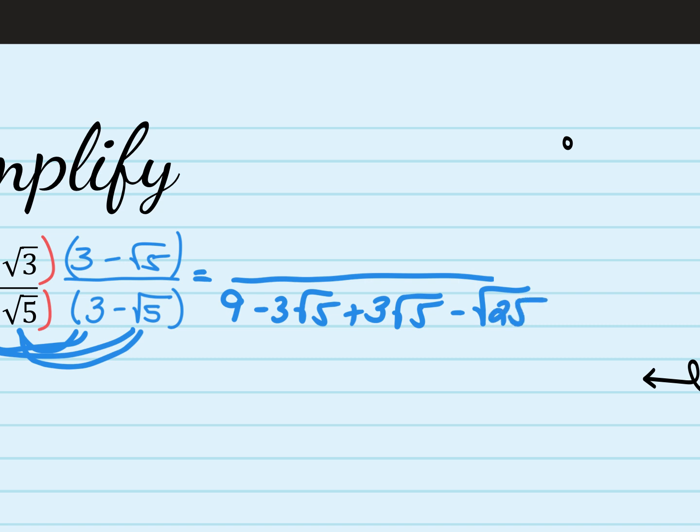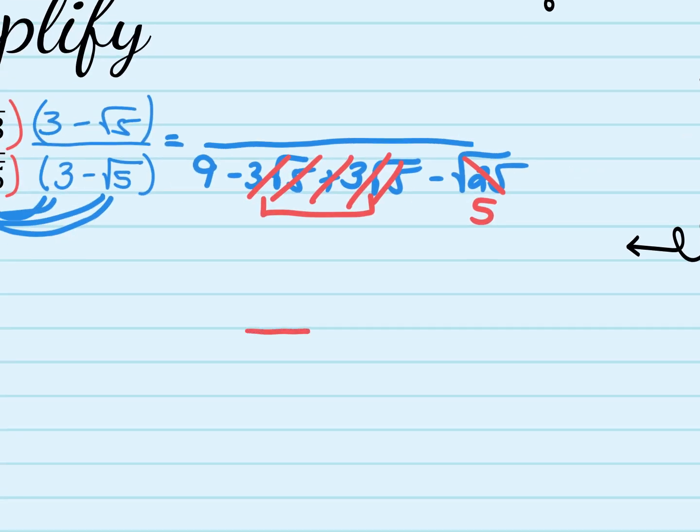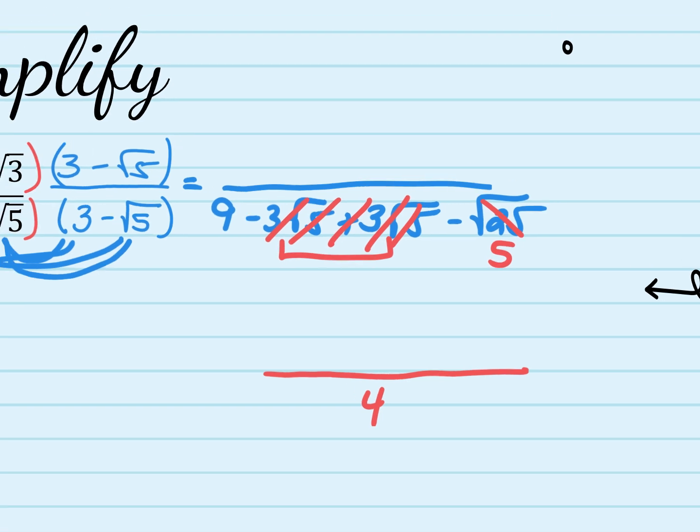So you'll notice here my positive and negative 3 root 5s cancel. The square root of 25 is 5. So I have 9 minus 5 is 4 in my denominator, which is exactly what we wanted to happen. We wanted our radicals to cancel out. So 9 minus 5 is 4.